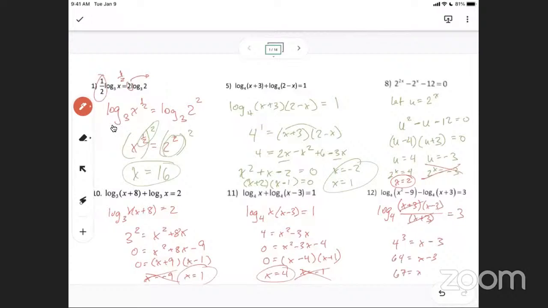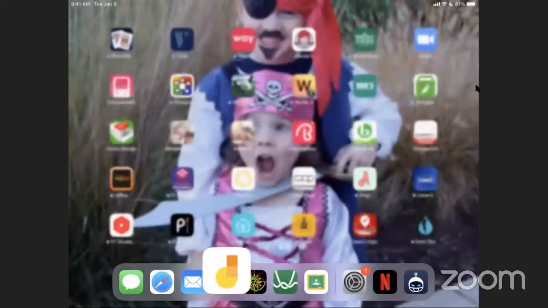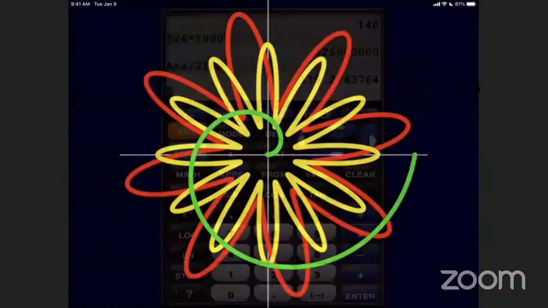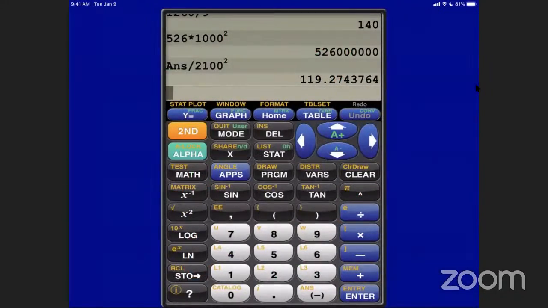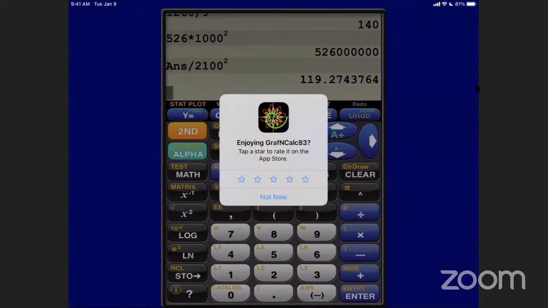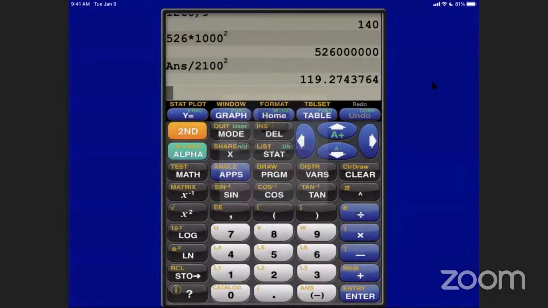I have a graphing calculator on here as well, but I need to open your Jamboard so I can see it while I do it here. I got it now. Okay, let me open my graphing calculator and see if I've got log base.